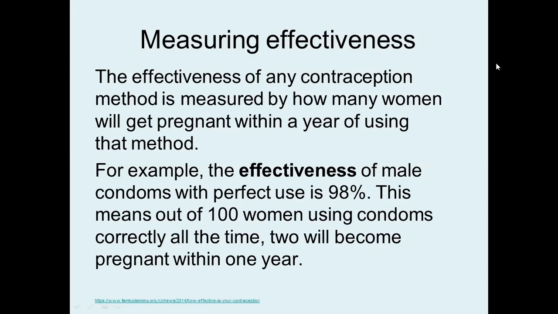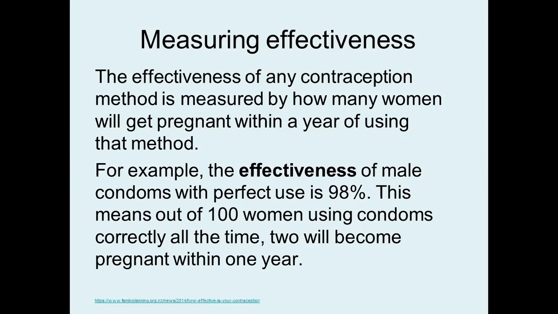We have to first of all talk about measuring effectiveness. The effectiveness of any contraception method is measured by how many women will get pregnant within a year of using that method.